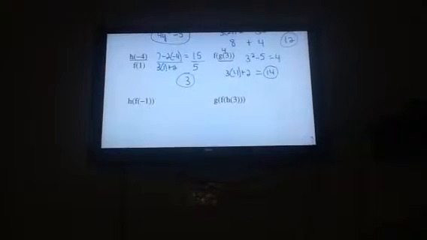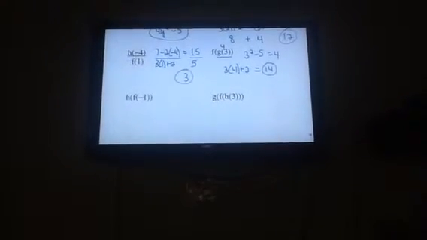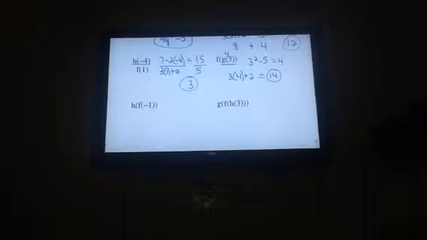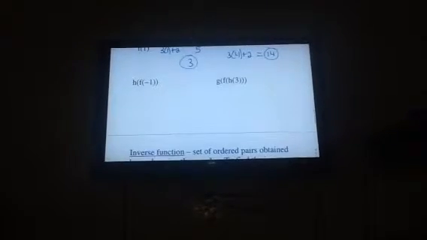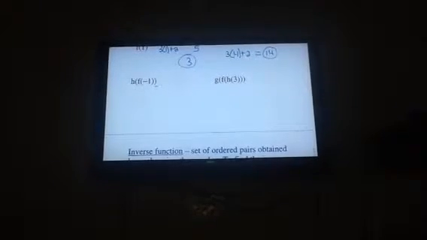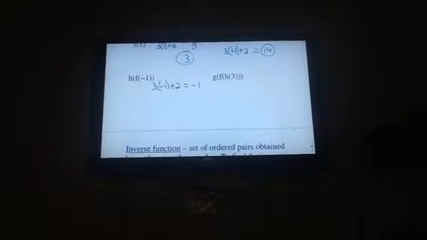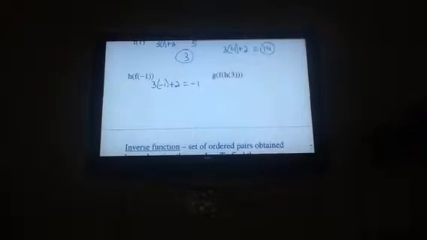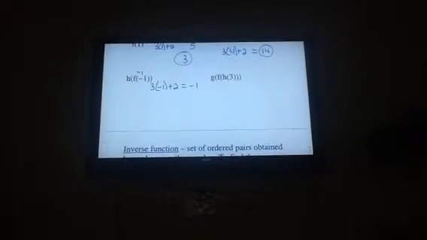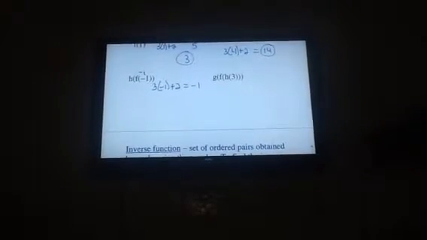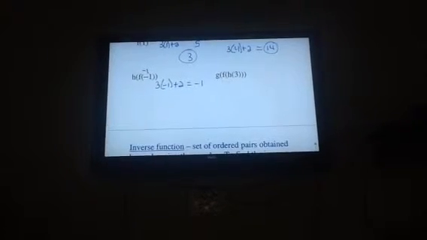Same on the next one. Work from the inside out. So f of negative 1, 3 times negative 1 plus 2 is negative 1. So f of negative 1 is negative 1. And then we find h of negative 1.